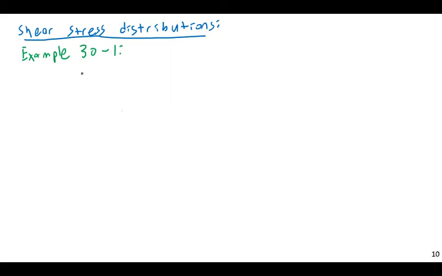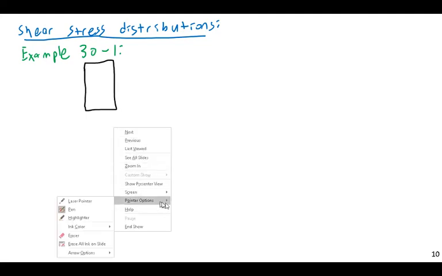So the shear stress distribution for this is going to be like this. Here, we have a rectangular cross-section, and then we have a neutral axis here.